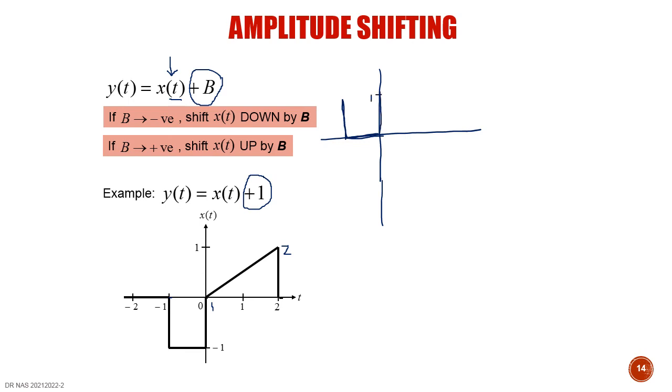So here is +1, and then going up, 1 plus 1 becomes 2. And here 0 at point 1. So this is your new signal, crossing at 1. So this is -1, 0, and here is 2.